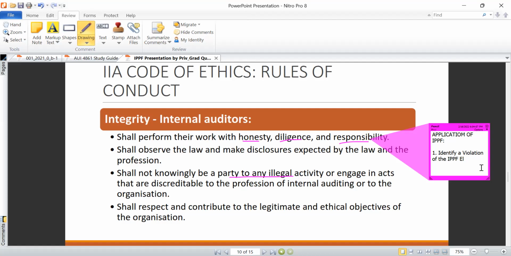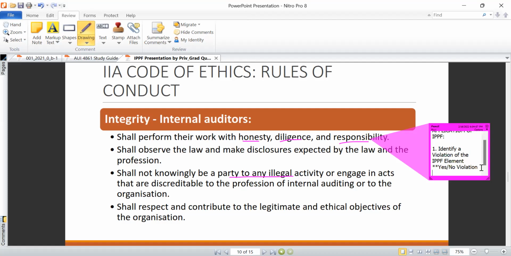So you need to state which element it is. If it is the Code of Ethics principle of integrity, you state there is a violation of the IIA Code of Ethics principle of integrity, and you also mention the rules of conduct. So you first identify the violation, and there are 2 ways of addressing that. You would state yes or no, whether there is a violation. That's number 1.